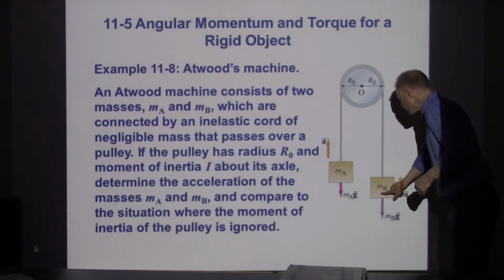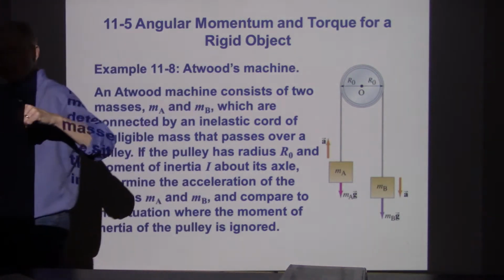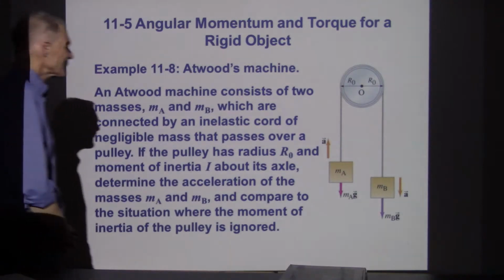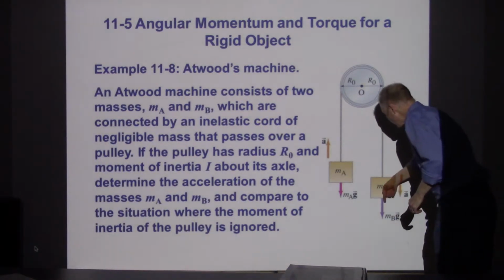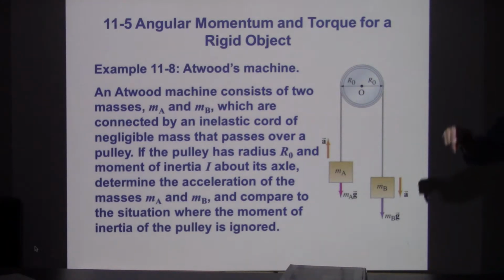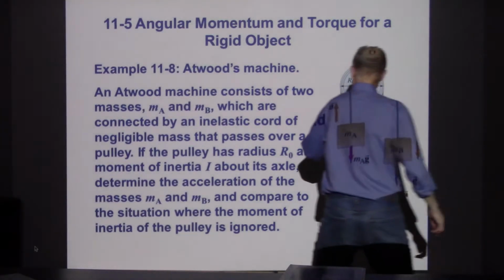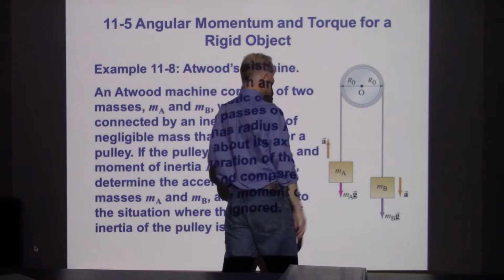There's a gravitational force acting on each of these objects, object A and object B. The heavier object results in the larger gravitational force, and that says the acceleration will be in that direction. If object B has an acceleration in that direction, object A is going to have an acceleration in the opposite direction here.